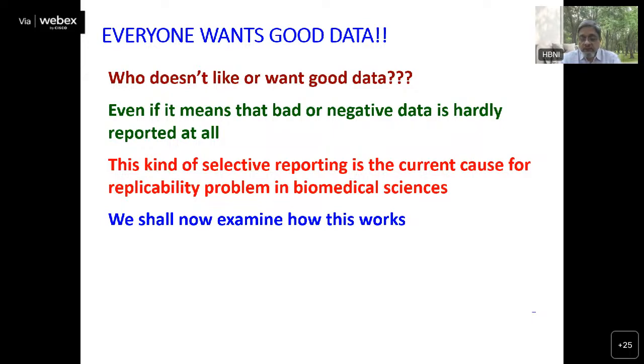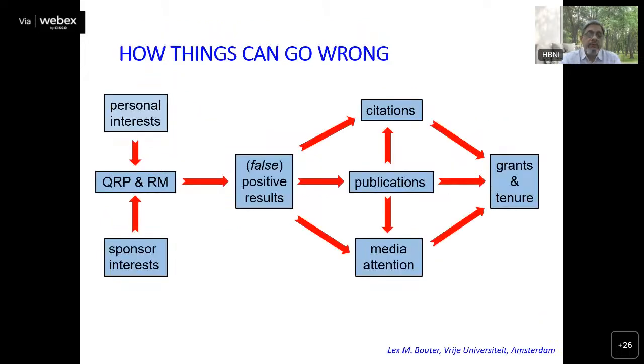So how does this selective reporting affect things? We'll see. Whenever you have certain results, by choice you have considered only the positive results coming out of your research and neglected the other results, which could be termed as bad, or negative, or unexpected, whatever you can call it.